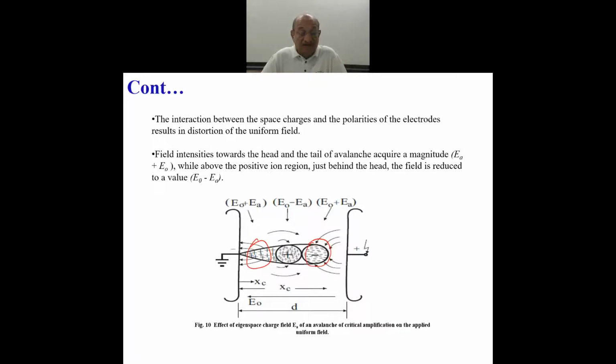That means the field at the tail becomes E naught plus EA.